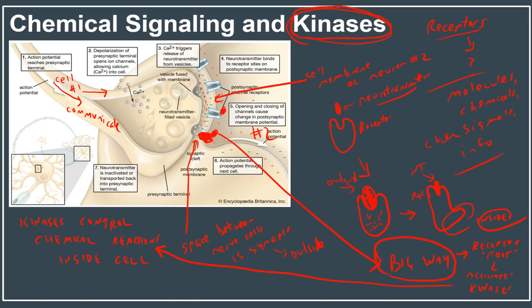I'm going to talk more about what those responses look like, and they actually end up making sense, like the kind of chemical reactions that this cell would like to do to make a meaningful change. I will tell you that in the next lecture, and it will start to make more sense.